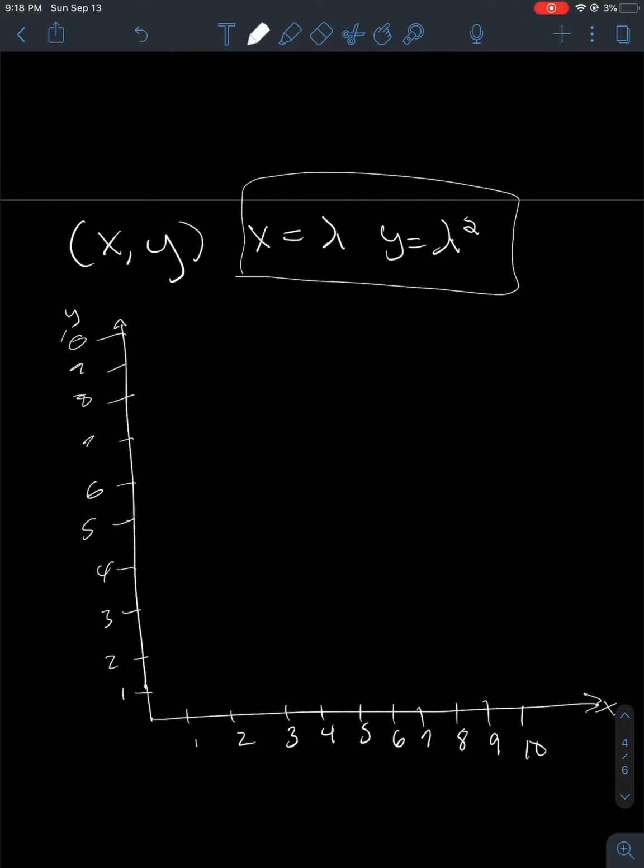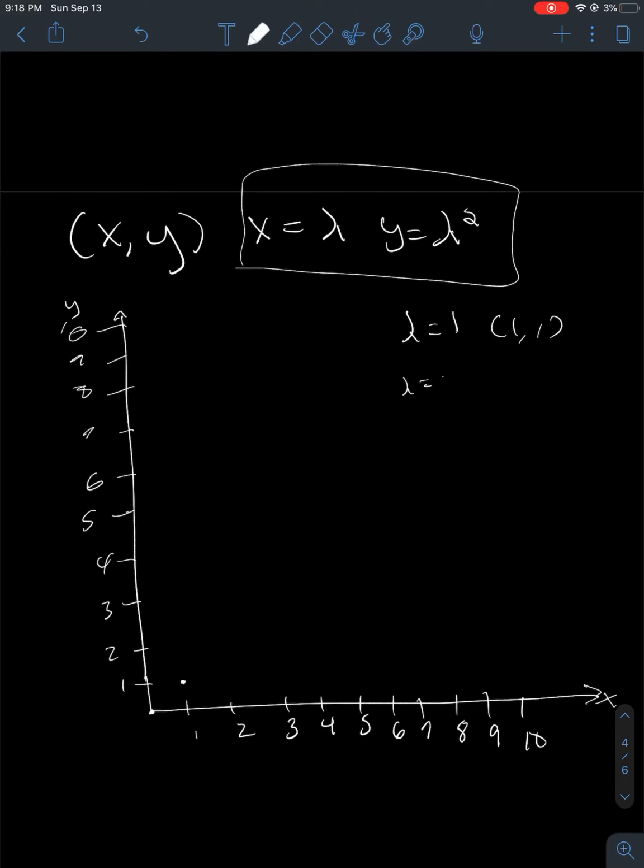For lambda equals 1, our points are going to be 1, 1. So we can graph that. And then we have 0, 0, of course. For lambda equals 2, we're going to have the points 2, 4. For lambda equals 3, we're going to have the points 3, 9. Here's 3, and then 9 is right over here.